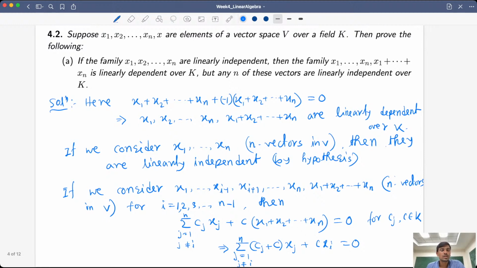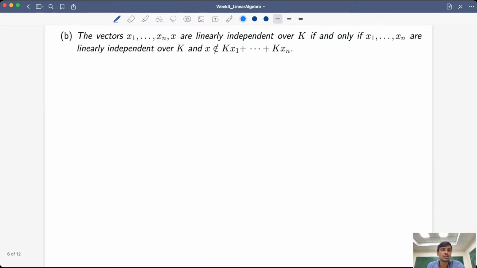Okay, so then a similar question, the B part, with the same setting. If you have that x1, x2, ..., xn and x are linearly independent over K, then x1, x2, ..., xn are linearly independent and x does not belong to the span of x1, x2, ..., xn, and the converse is also true.